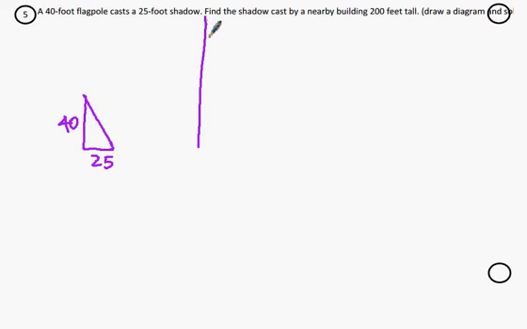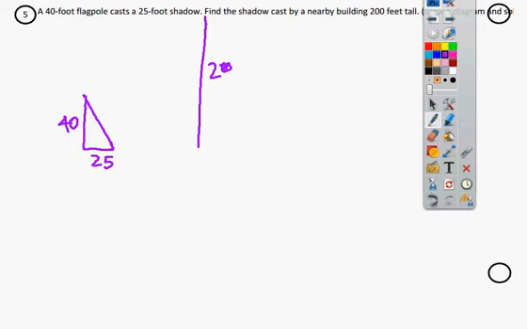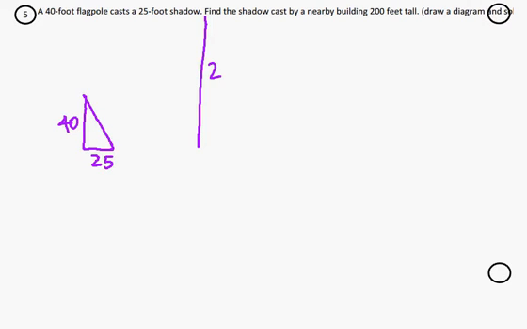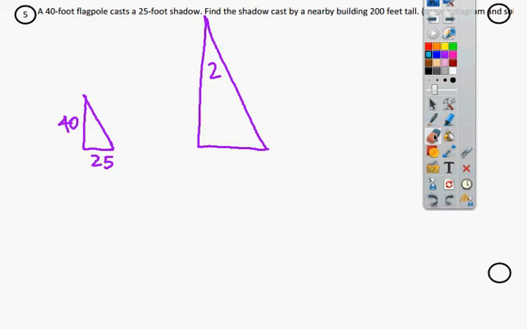and I'm not going to try to draw a building. I'm just going to call that side 200. And then I will draw in, once again, the other sides, not trying to make it look like a building. I'm just going to draw them as triangles.